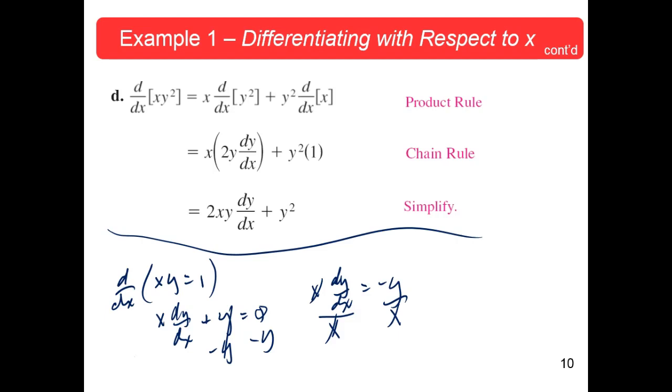Something's wrong here. What would we do here? Because our other thing didn't have a y in it. So what would we do here?